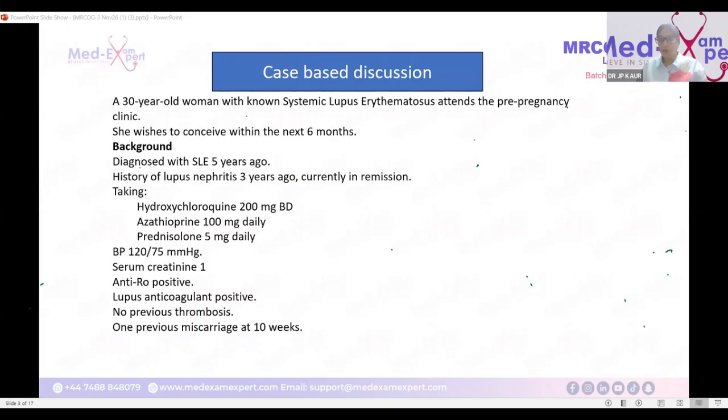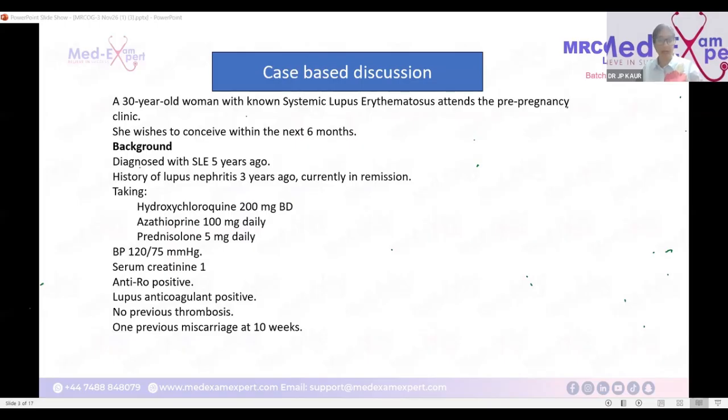So now you know the first 2 points, that it is autoimmune and involves these organs, and the patient is for pre-pregnancy counseling. In pre-pregnancy counseling, you will remember the mnemonic CRF and you will not miss anything, because C contains a mark, R contains a mark, and F contains a mark. You will check for the contraception she is using.